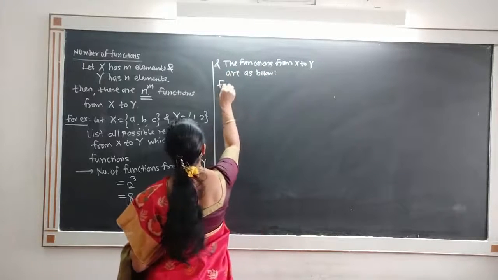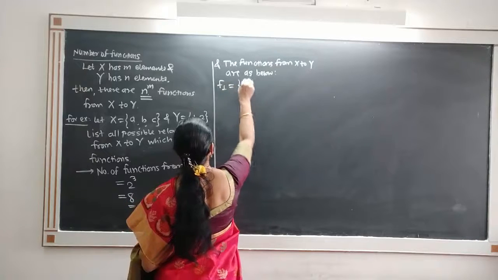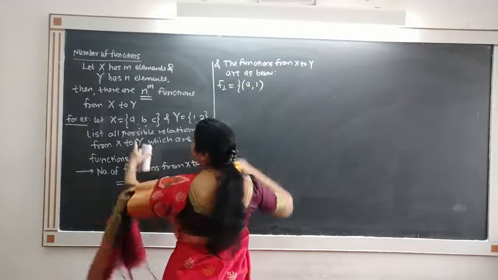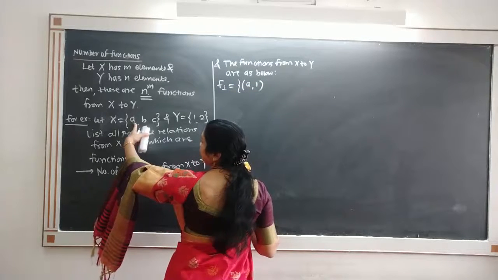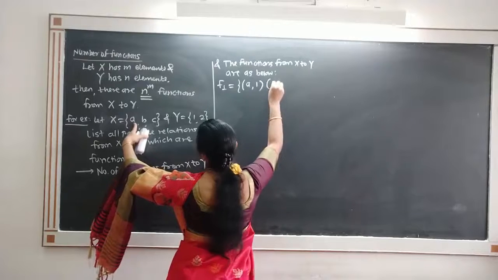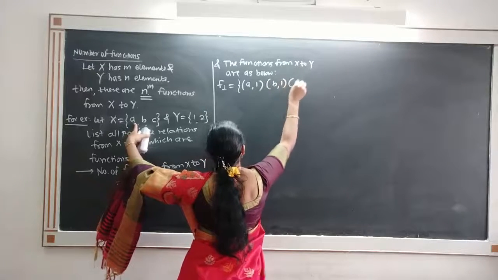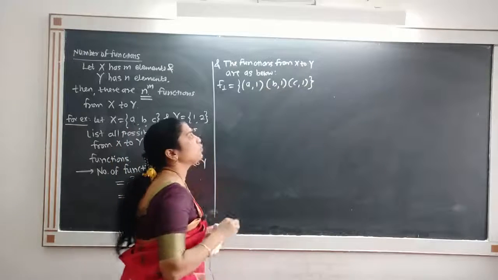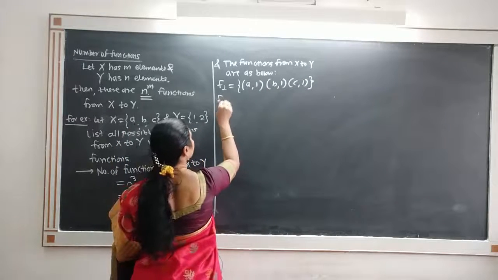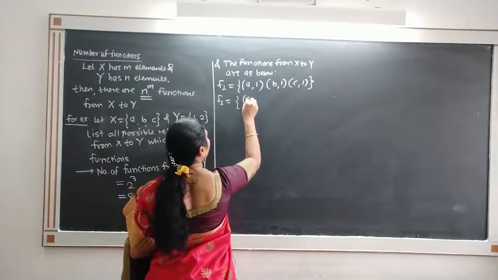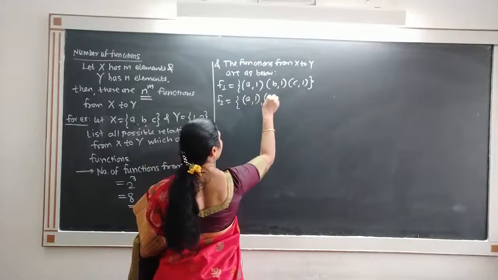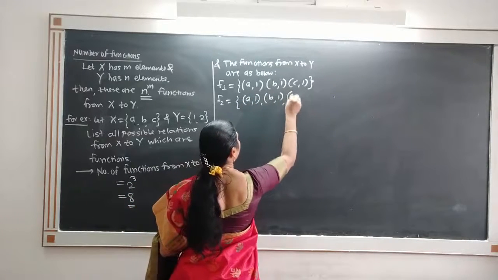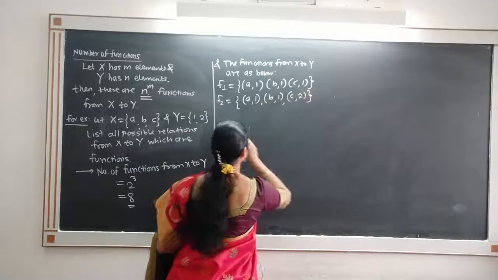The first function, we say f1, we relate every element: a with 1, b with 1 and c with 1. Every element is related with a unique element. So this is one function. The second function, a with 1, b is related with 1 and c is related with 2.